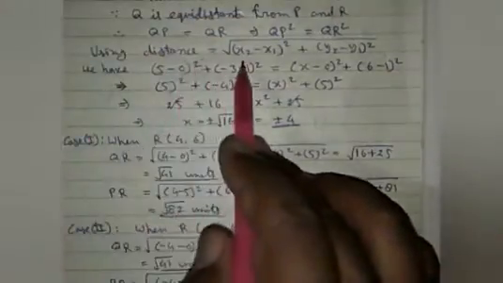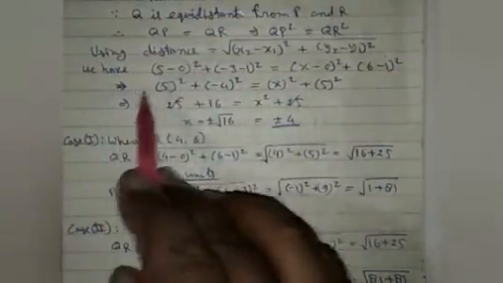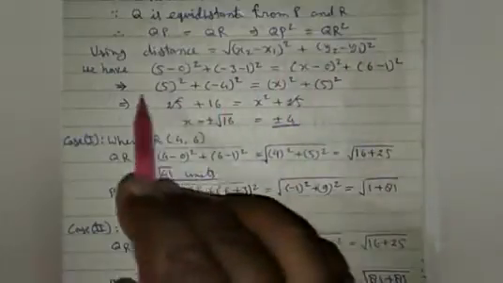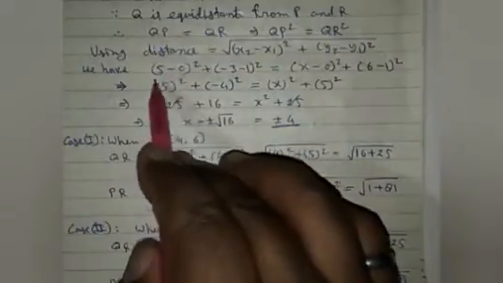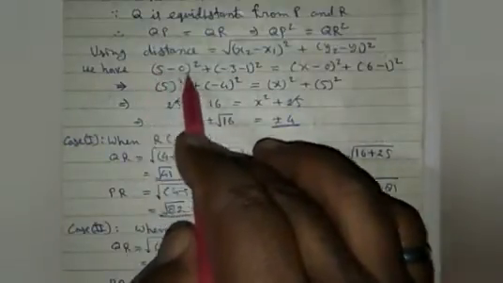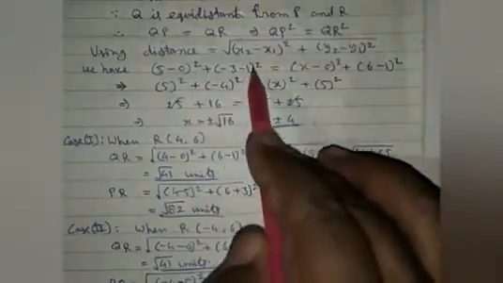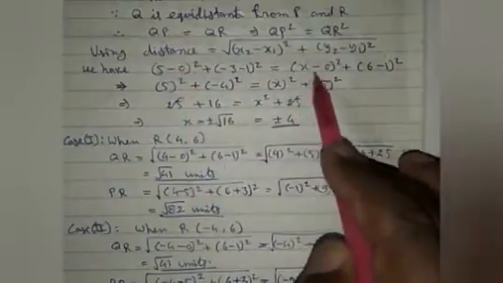Using distance formula, we have here under root (x2 minus x1) whole square plus (y2 minus y1) whole square, that is here QP square means (5 minus 0) whole square plus (minus 3 minus 1) whole square, that is equal to (x minus 0) whole square plus (6 minus 1) whole square.